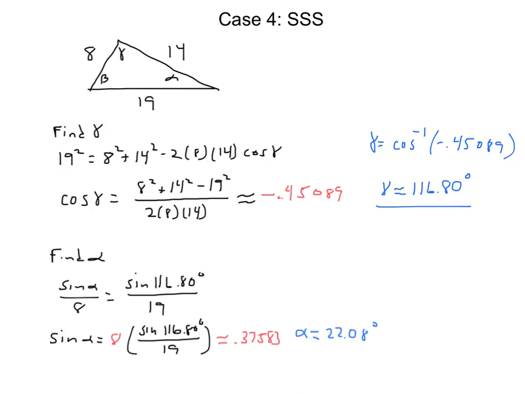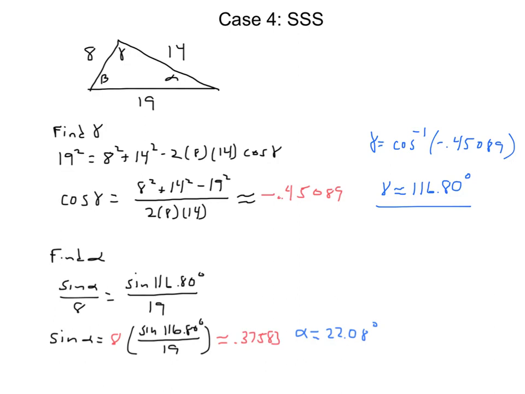And now, since we know that angle is smaller than what we started with, we don't have to worry about a second solution. So we have the 22.08, we have the 116.80, and then I can find the measure of the third angle by taking the difference between those and 180.